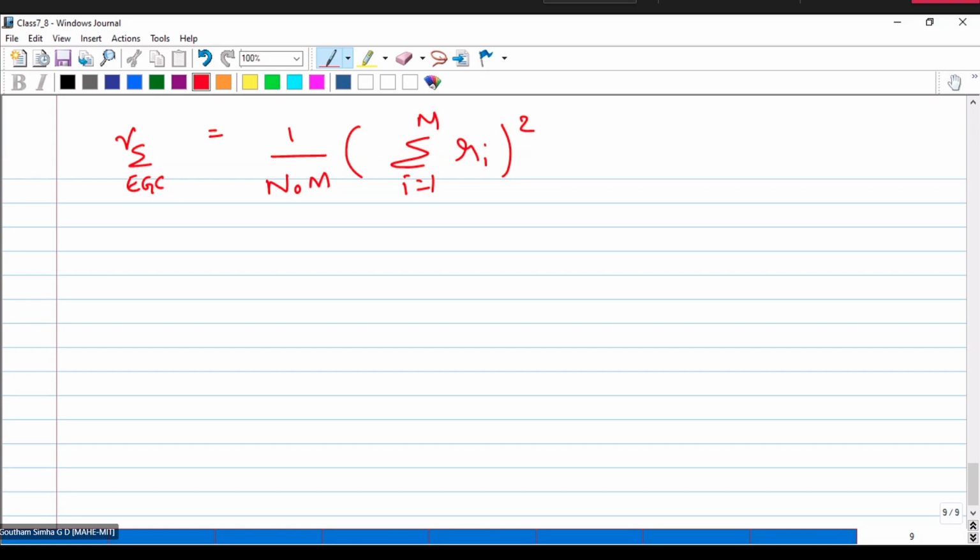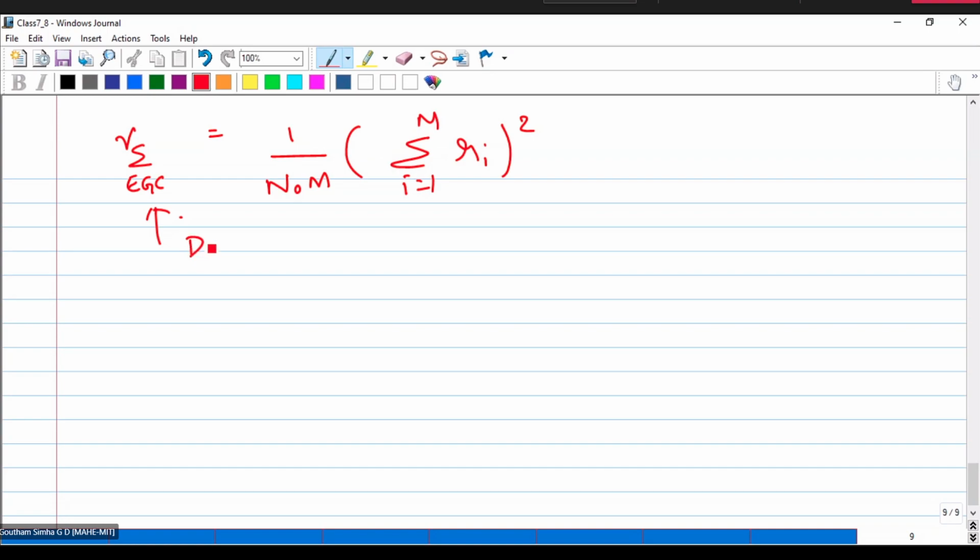What is this? Assuming noise power spectral density N0 by 2 in each branch, I'll write it as 1 by N0 into M, summation i equal to 1 to M. The distribution and CDF of this EGC does not exist because you are arranging the gains.